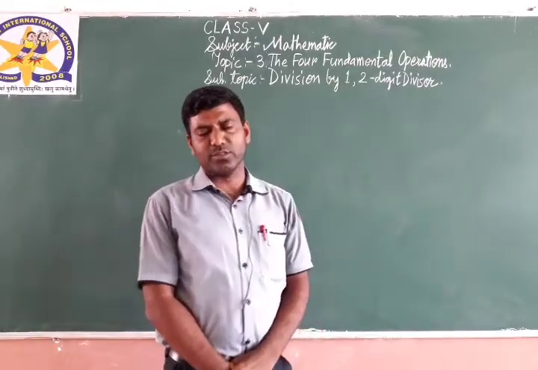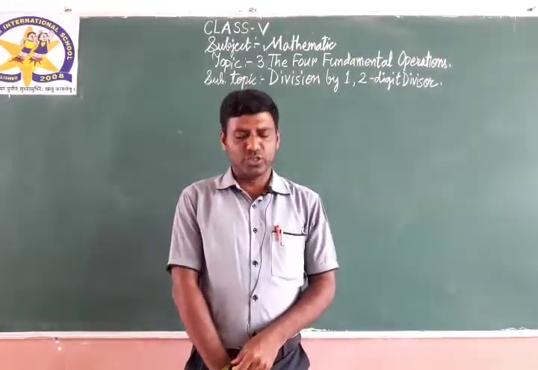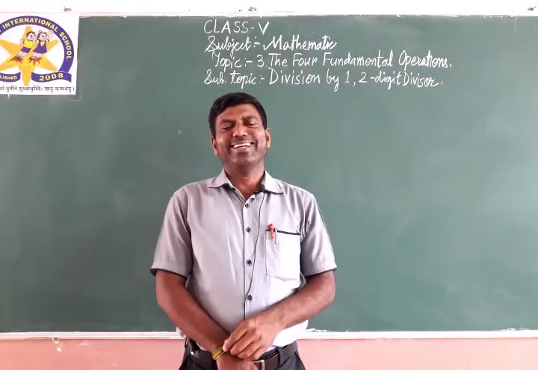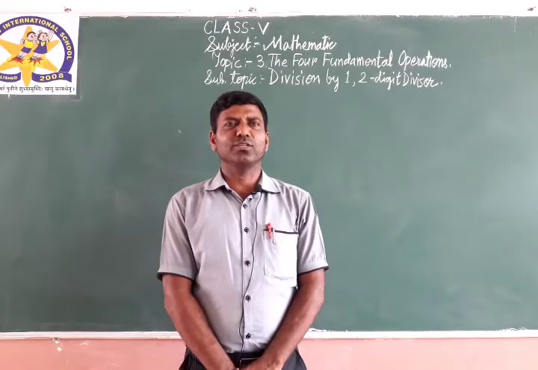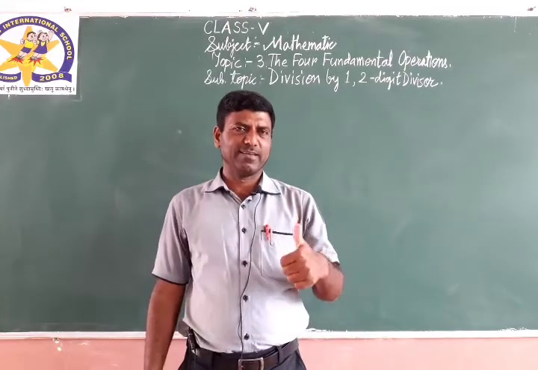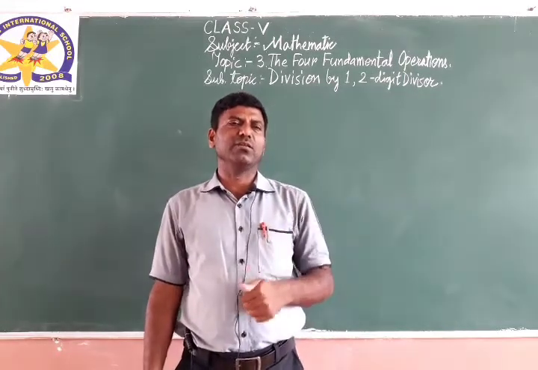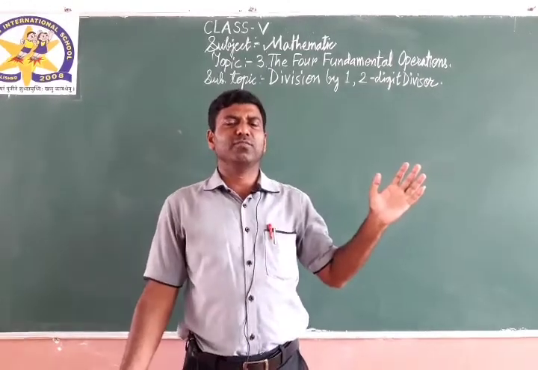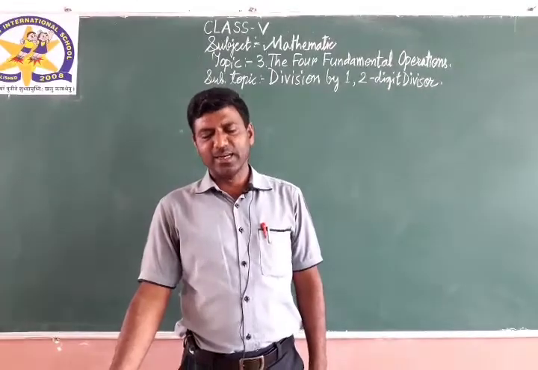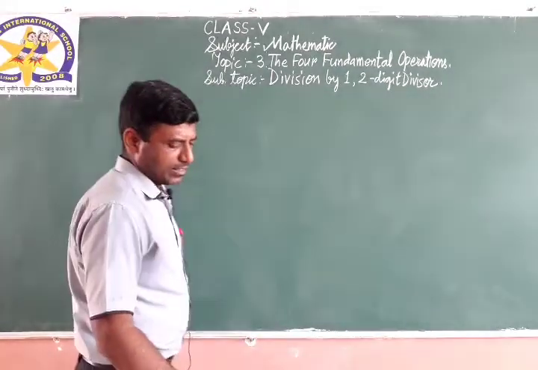As we are aware about the one digit divisor, so many times I said tables are very important. Those whose tables are perfect, he or she will solve division fast. Understand? Let's see one digit divisor.